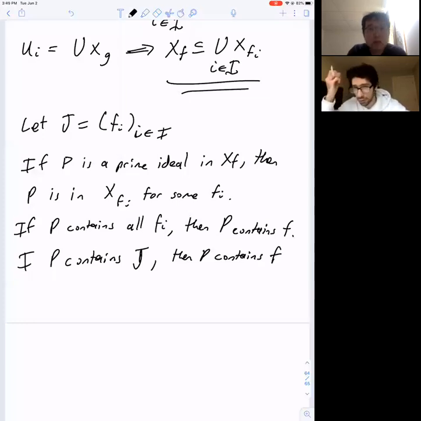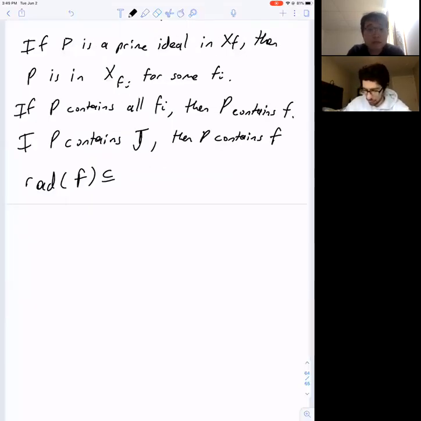What does this mean? So that actually means that the collection of all primes that contain J is a subset of the collection of all primes that contain F. That means there are more primes that contain F than there are primes that contain J. That means that the radical of F is contained in the radical of J. So this is an extremely important part of this question.